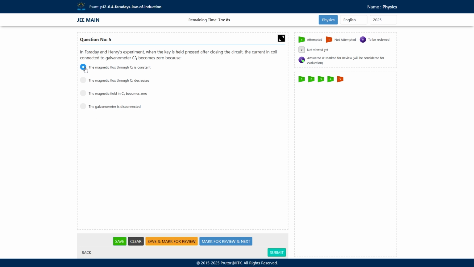Yes, A. Because magnetic flux is not changing. Galvanometer is showing no deflection. That means magnetic flux is not changing through the coil. That means magnetic flux is constant. Magnetic field is not zero. There is some magnetic field line passing through C2. Only magnetic flux is not changing. And galvanometer is not disconnected. It is connected. But magnetic flux through C1 is constant. So A option.